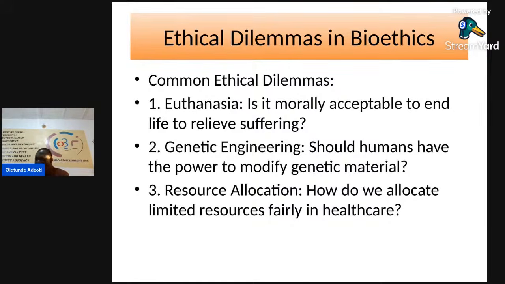But now, because somebody has been diagnosed with terminal diseases or terminal ailments, and you discover that the person is in agony, the person is crying, the person is weeping, you see that the person is in serious, excruciating pain.